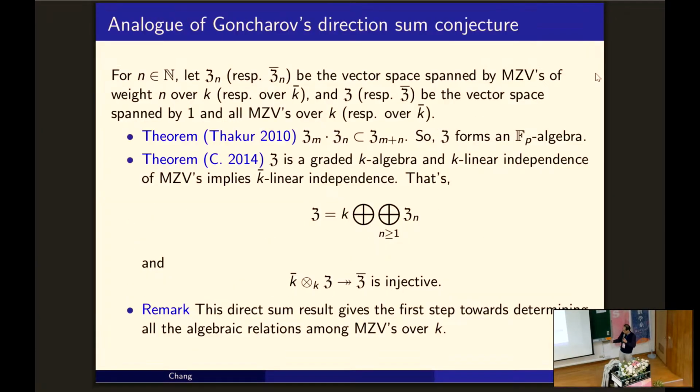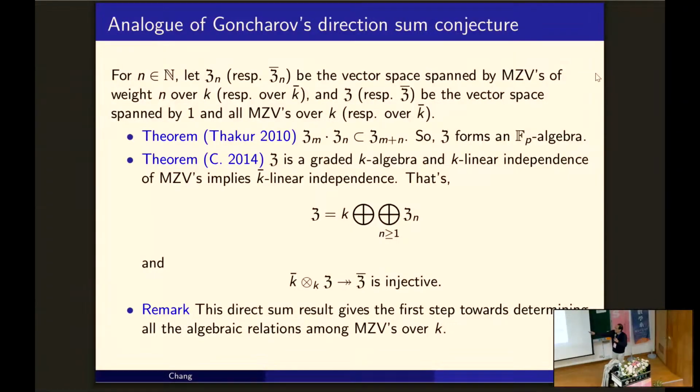Okay, so here we have an analogue of the direct sum results. I use the script Z_n to be the K-vector space spanned by MZVs of weight n. And if I put a bar, it means that they are vector spaces over K bar.